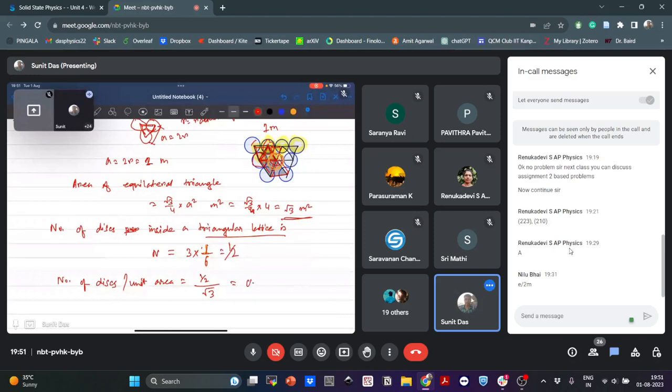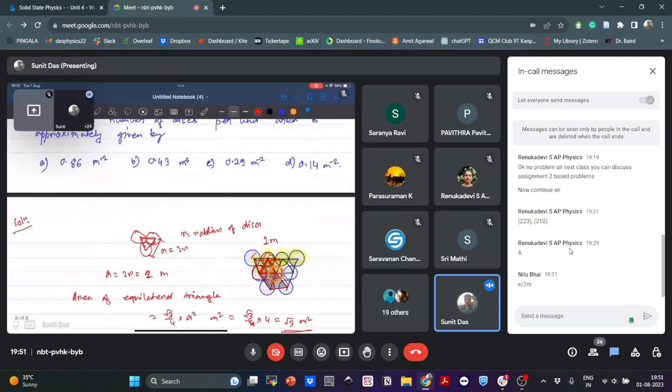So this will be 0.29 meter to the power minus 2. So C will be the right option.